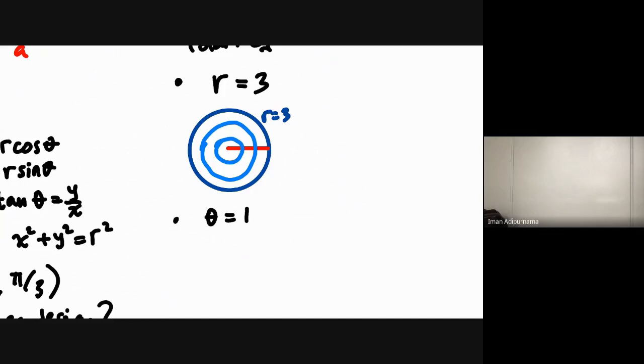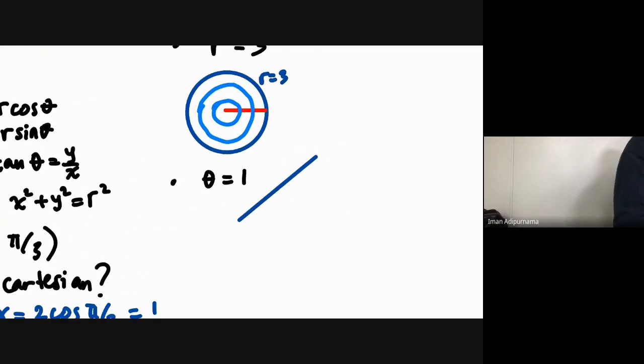So theta equal 1 will be at this position always, right? So it will be like a straight line. The shape will be a straight line. Let's say this is the polar axis, and this is theta equal 1 here.